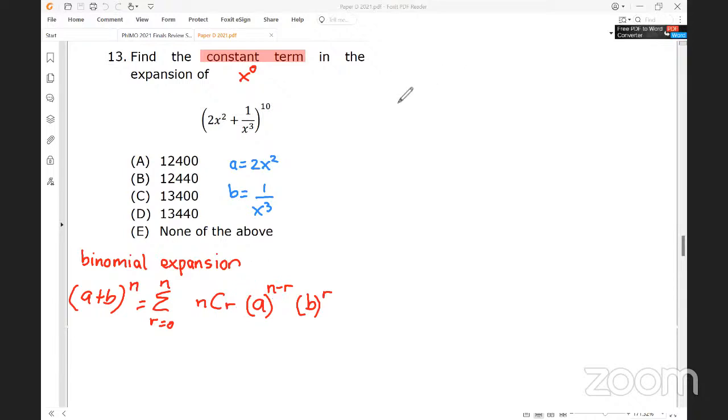We write 2x squared in the power of, the n is 10, sorry, I forgot to put it, n is 10. So 10 minus r, times b. b is x in the power of -3, in the power of r, equals, since we want the constant term, x to the power of 0.